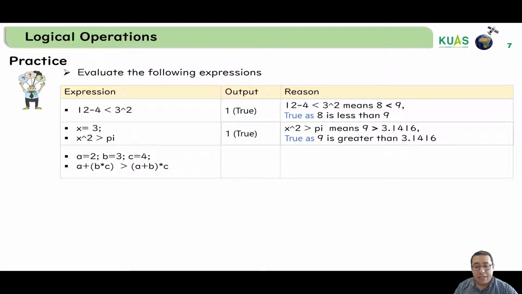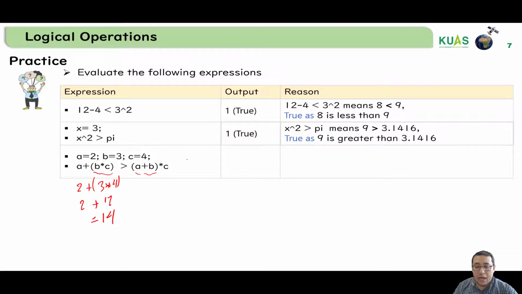And for the last one, we say A equals 2, B equals 3, C equals 4. And the question is, is A plus B multiplied by C, without brackets, greater than A plus B multiplied by C, with the parentheses? Let's check. The first one is A, 2, plus B, 3, multiplied by C, which is 4. Parentheses should be executed first, so 3 multiplied by 4 means 12, plus 2 means 14.